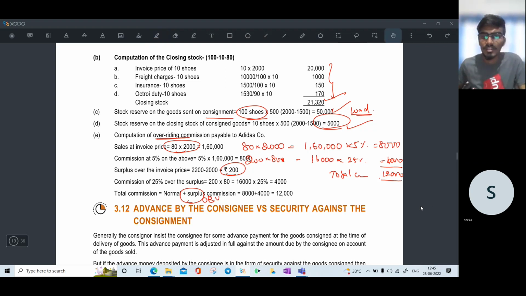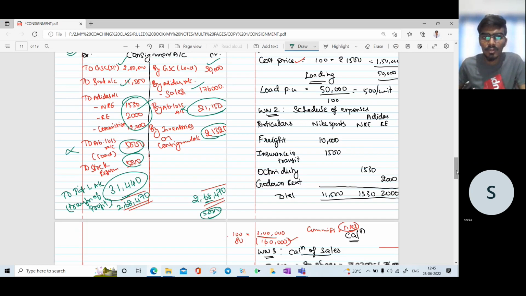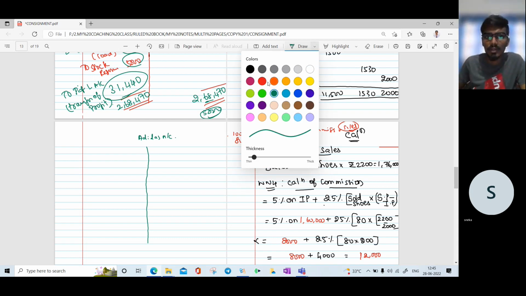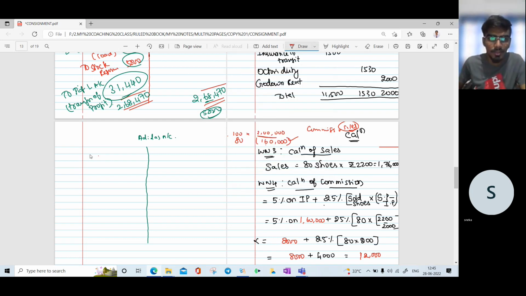Okay. Then we will go through. We are going to put one more account. What is the one more account left we have? Adidas account is there, right? We'll work it on an Adidas account. என்ன பண்ணணும் சொல்லு பாப்போம் ஸ்னேகா? Consignment less sales.